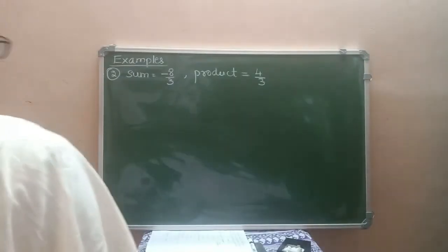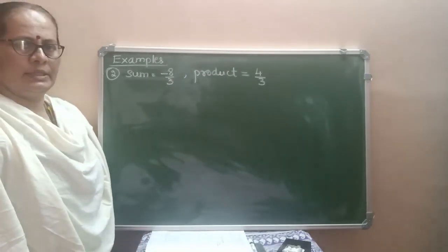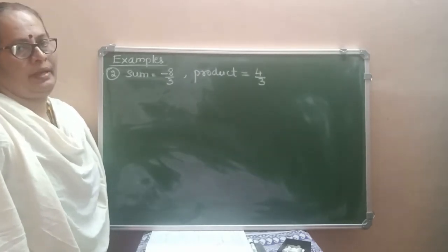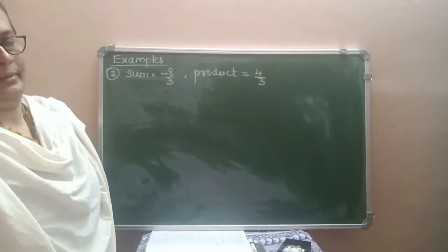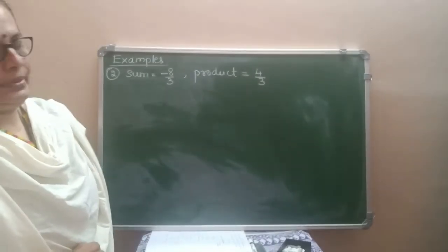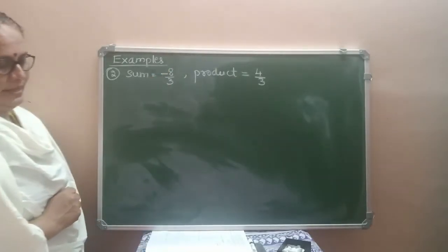Second example, sum is minus 8 by 3 and product is 4 by 3. Using this sum and product, you have to frame a quadratic polynomial. You have to form a quadratic expression using sum minus 8 by 3 and product 4 by 3.